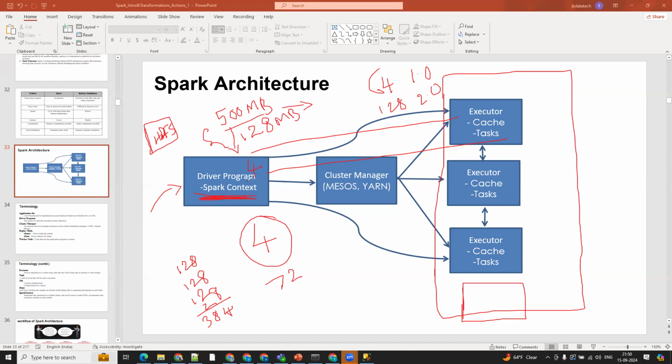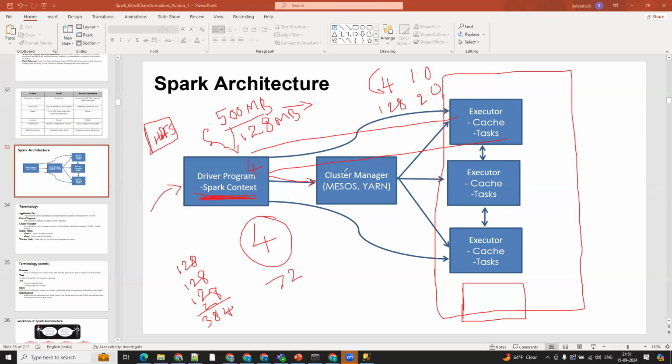What it will do is go to the cluster manager. It will ask, hey, cluster manager, I wanted to execute a word count program. Can you give me the resources from this cluster? Can you give this task to the cluster?